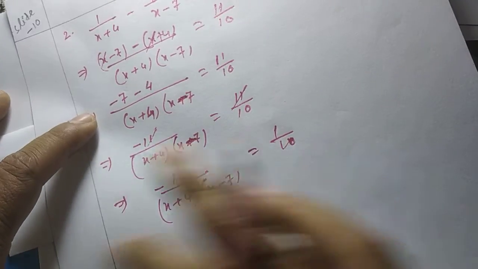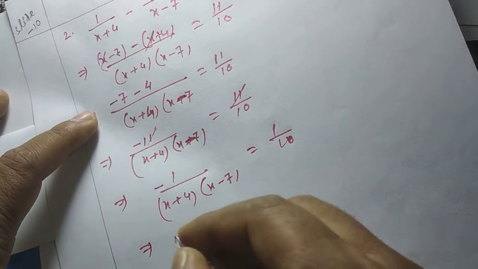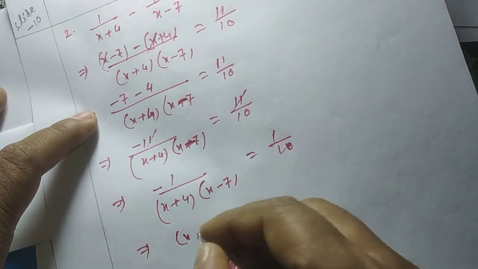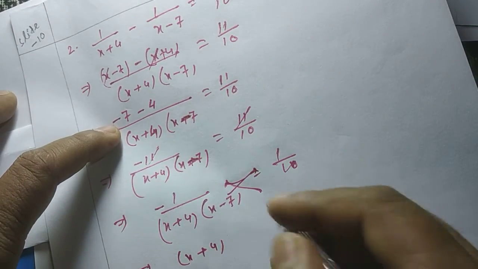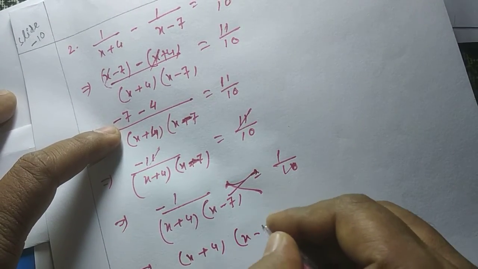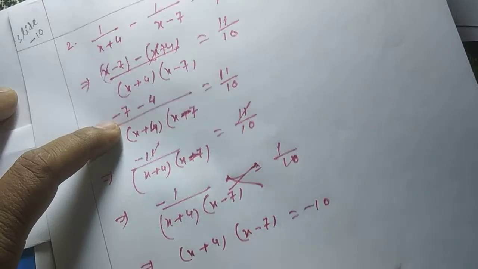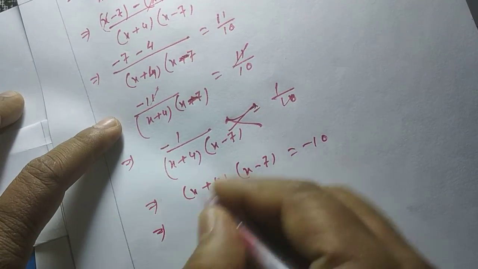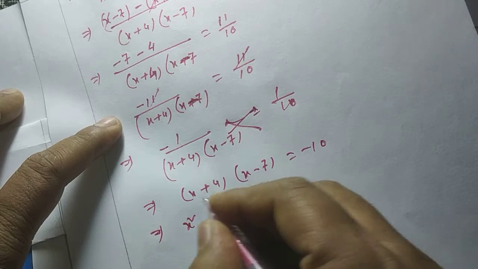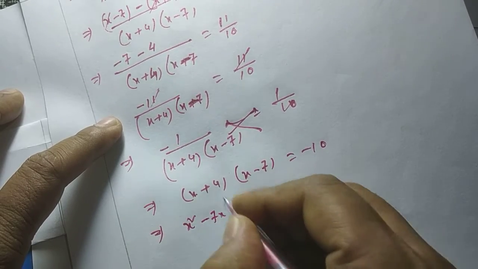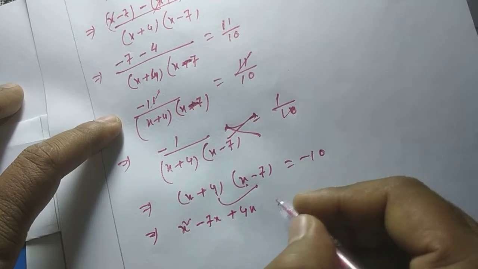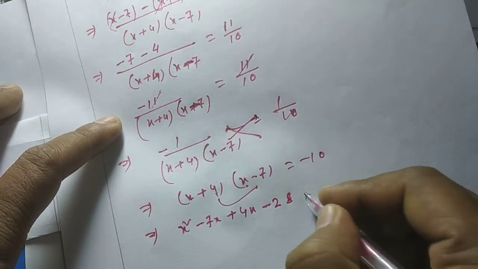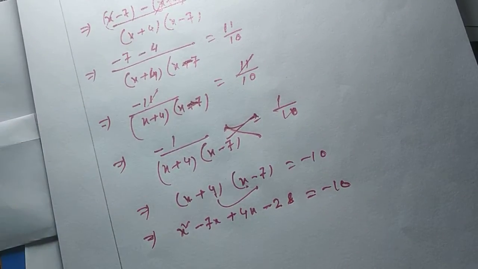Now doing cross multiplication on both sides, (x plus 4)(x minus 7) equal to minus 10. Now let us multiply: x square minus 7x, 4 into x is 4x, and 4 into minus 7 is minus 28, equal to minus 10, correct?